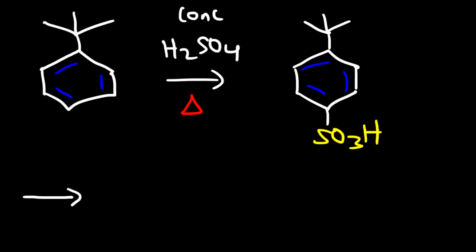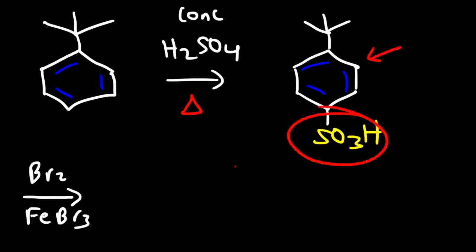Our next step will be to react it with Br2 and iron(III) bromide. The tert-butyl group is an ortho-para director, but the para position is occupied, so it's not going to go there, even though that's the favorable position. So the tert-butyl group can only direct the bromine atom in the ortho position.